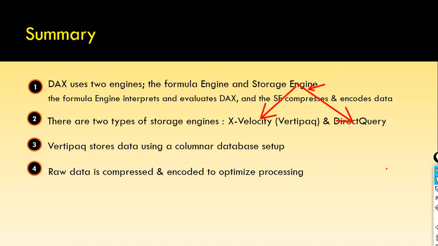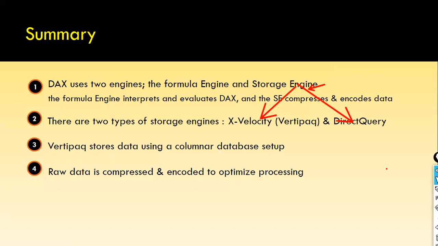Next, the raw data is compressed and encoded to optimize processing. The data can be compressed using value encoding, hash encoding, or run length encoding. The overall compression of a column is determined by 4 factors. What are the factors? One is the cardinality and the number of repeated values, the row count, and the data type. If it is an integer type, value encoding.